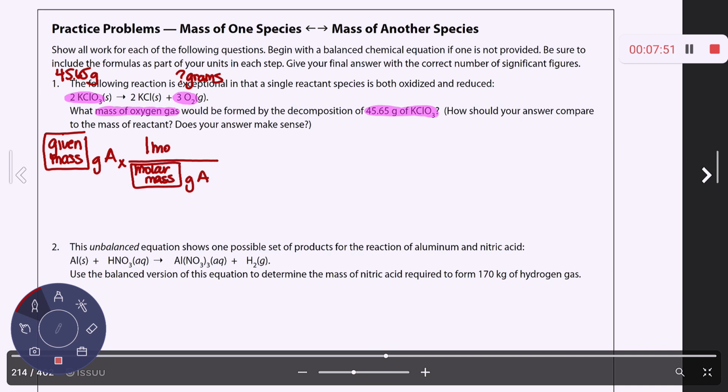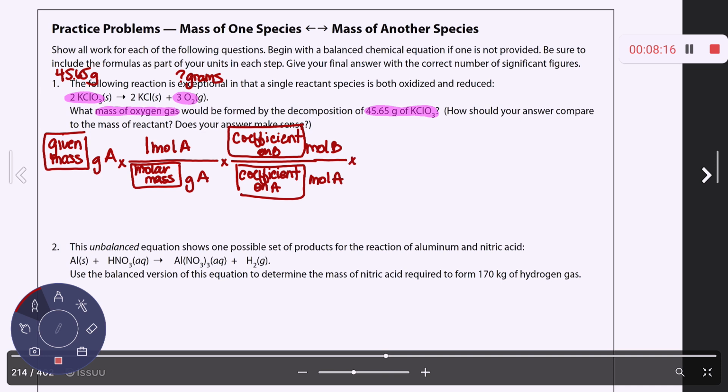You'll put 1 mole of A on top, and then you're going to put the coefficient on A here, and this would be your moles of A. You're going to put the coefficient on B up here, and this will be your moles of B, and then you're going to multiply by the molar mass of B. And that's how you'll solve the problem.